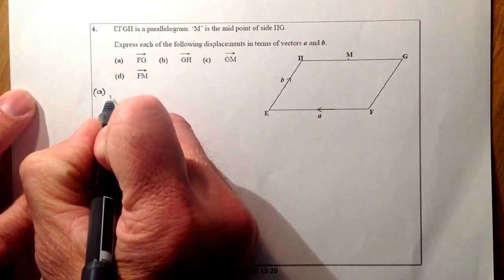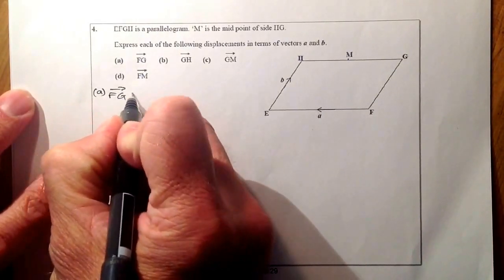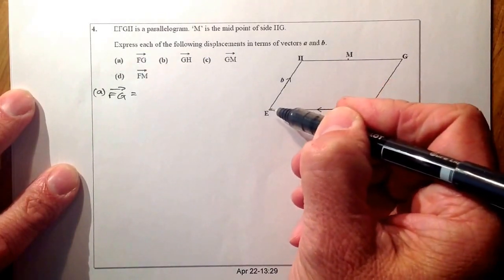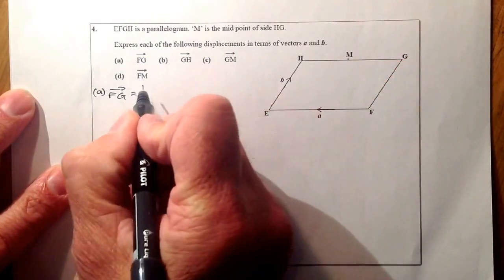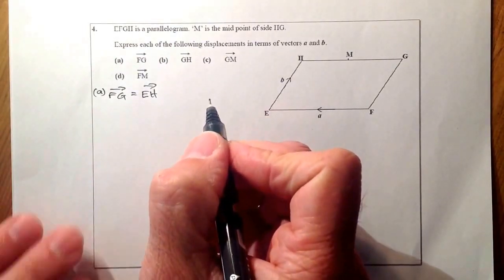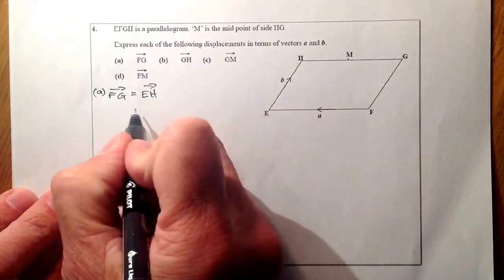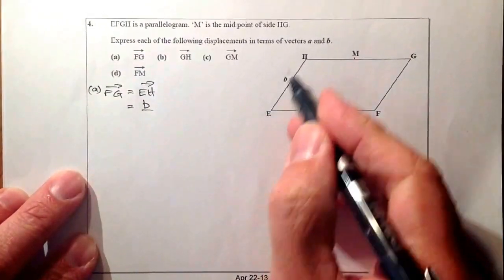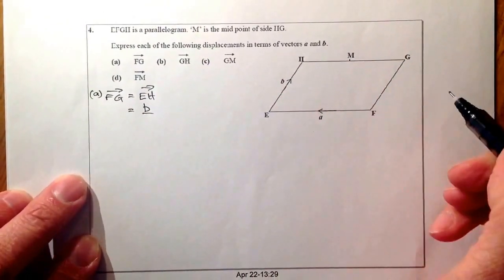Right, let's go for FG first of all. FG. So F to G, and if I look in a parallelogram, that's the exact same as E to H, so that just equals EH. And EH is just equal to B. So the vectors are exactly the same.